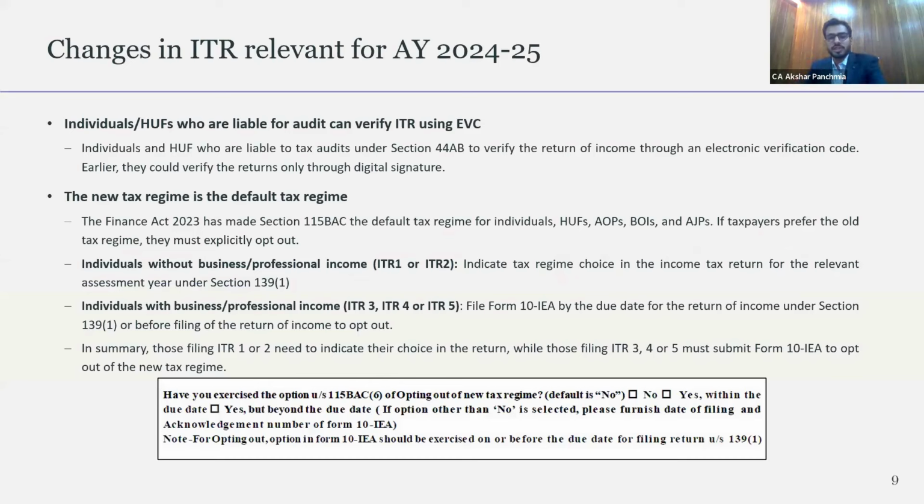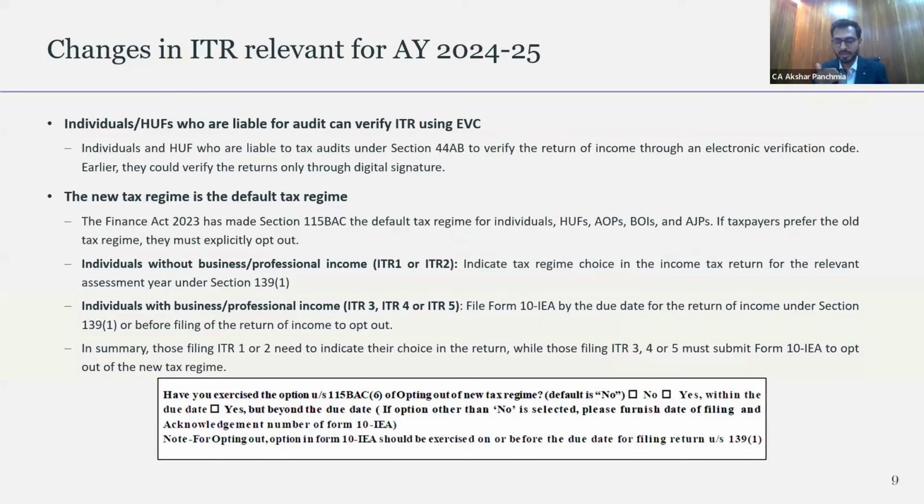So the first change is with respect to your tax audit. Normally, when a tax audit is filed, a chartered accountant will upload it through his authorized CA portal or login. Then the assessee is supposed to accept the tax audit form which has been filed.